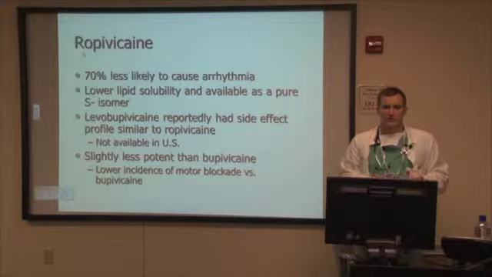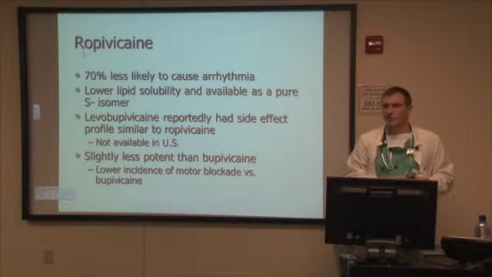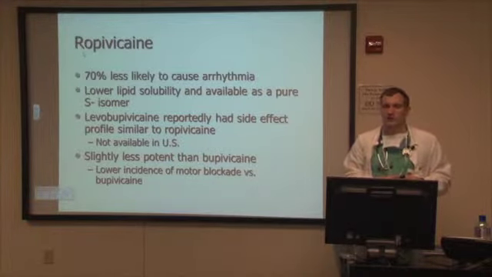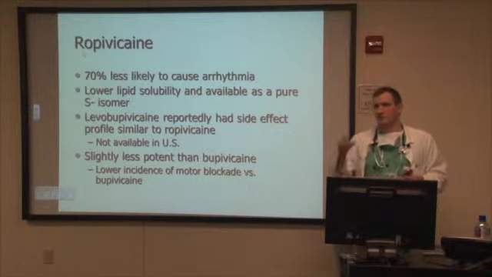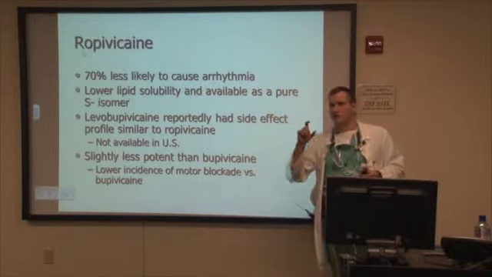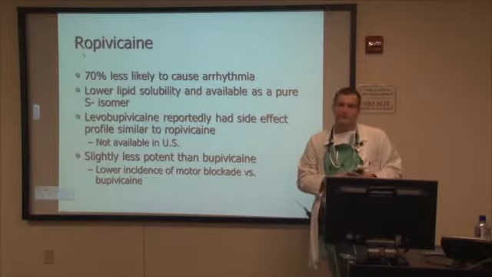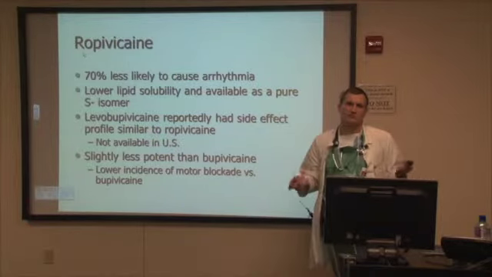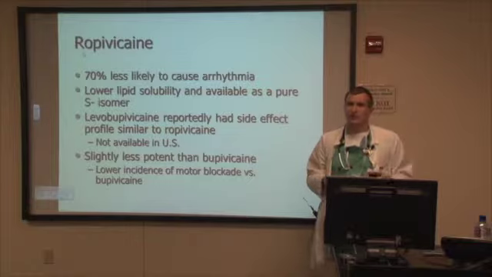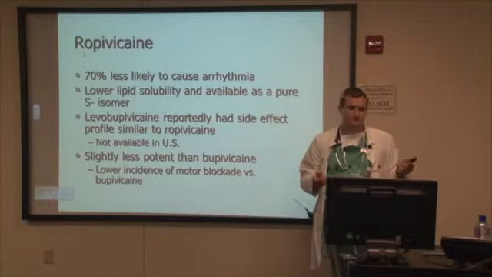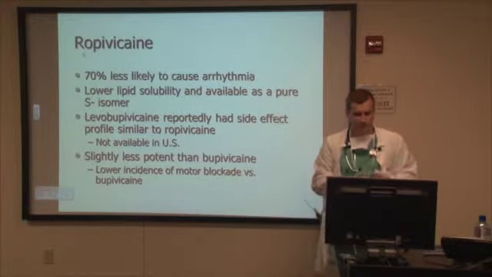So ropivacaine has emerged, and ropivacaine is one of those isomers that's found in the bottle with the bupivacaine, and some smart scientist at some smart drug company figured out how to isolate these two drugs and separate them one from the other.